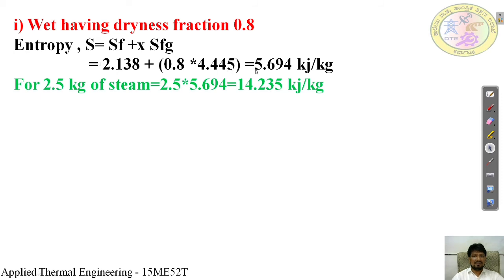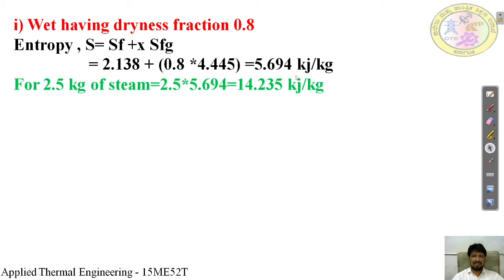After calculation of this, you will get 5.694. This is the value for dryness fraction 0.8 on a per kg basis.